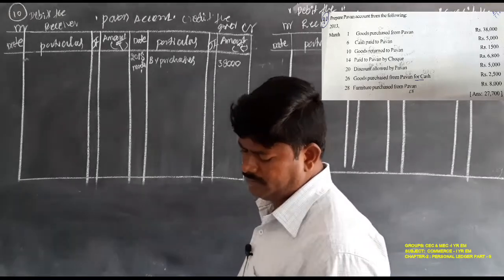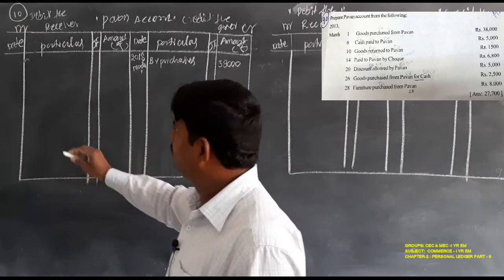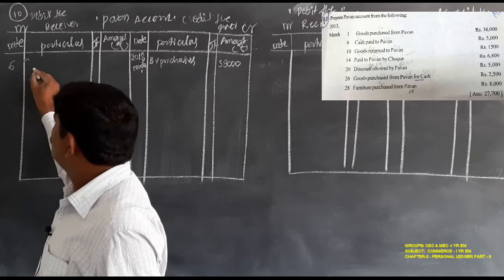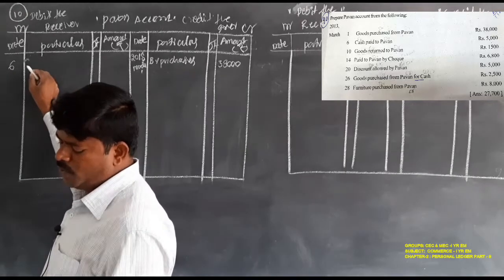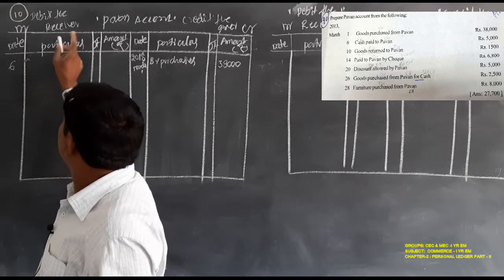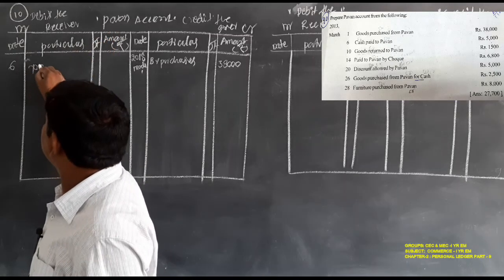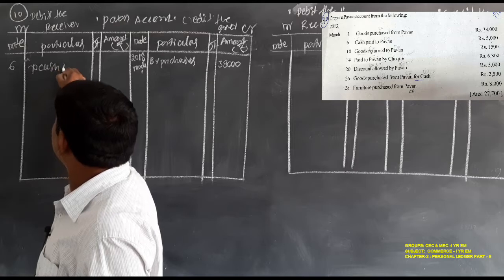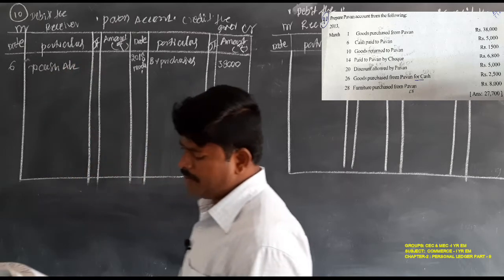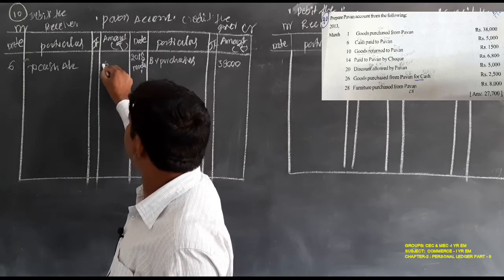Next, 6th date cash paid. So here 2 words are there. So Pavan is receiver, cash account. Amount is 5,000 rupees.